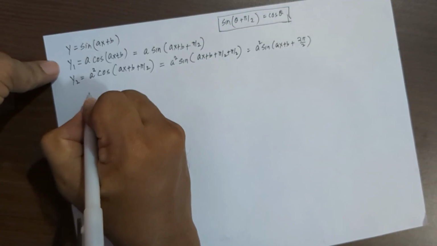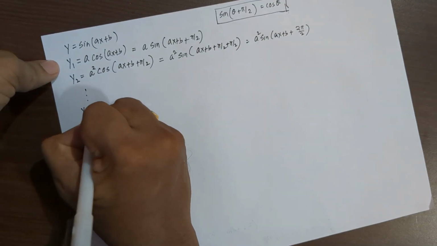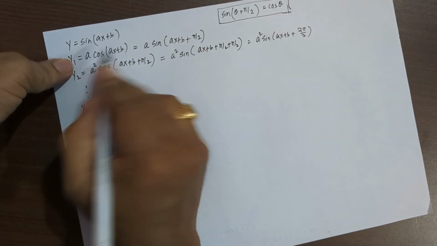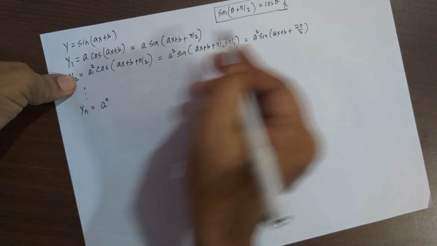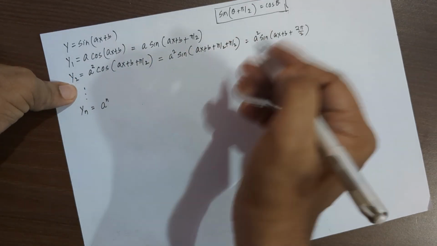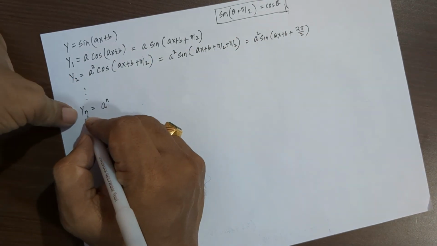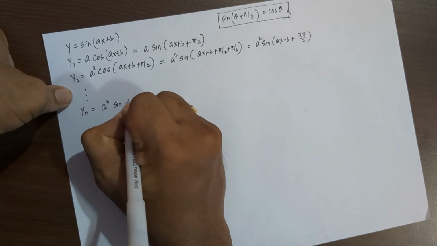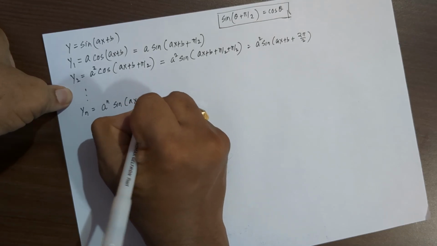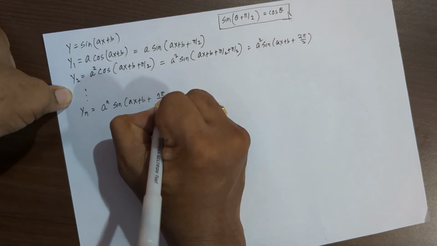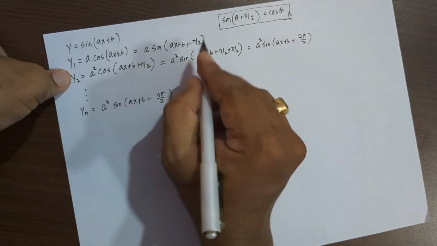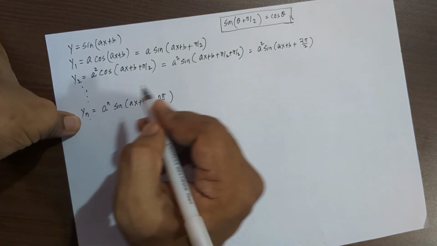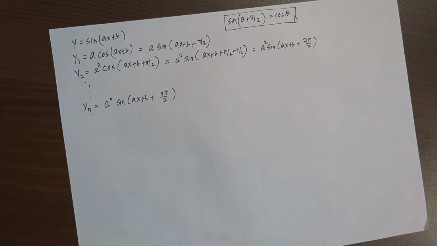Similarly, you can see the pattern here. Its nth derivative will be a to the power n, because in the first derivative we have a to the power 1, second derivative square, for the third derivative we will have a cube, and so on. For the nth derivative we will have a to the power n, and sine of ax plus b plus n pi over 2. As in the first derivative we have a single pi over 2, second 2 pi over 2, and so on. For the nth order derivative we will have n pi over 2.